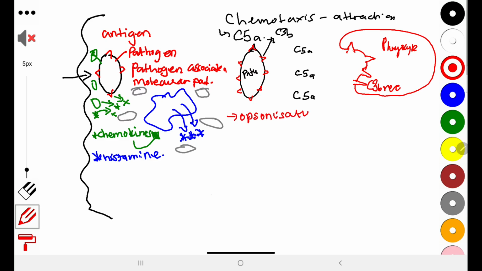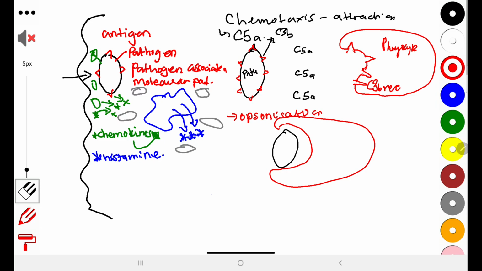In opsonization, we are looking at our pathogen and our phagocyte binding. It literally coats this pathogen.